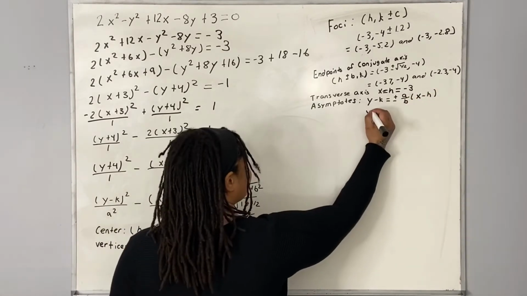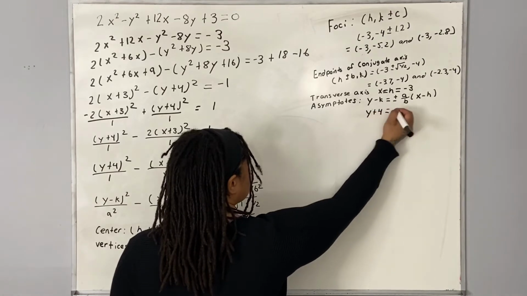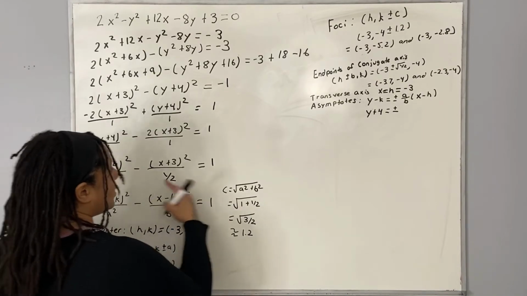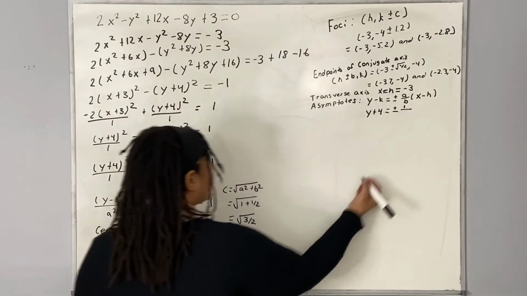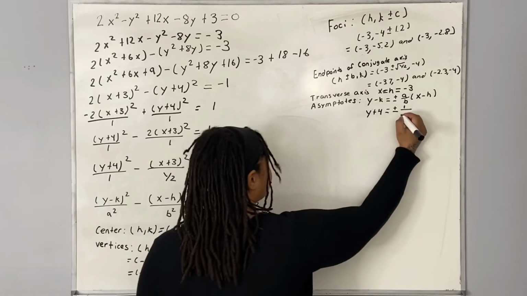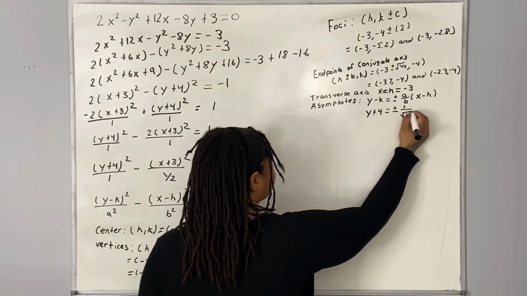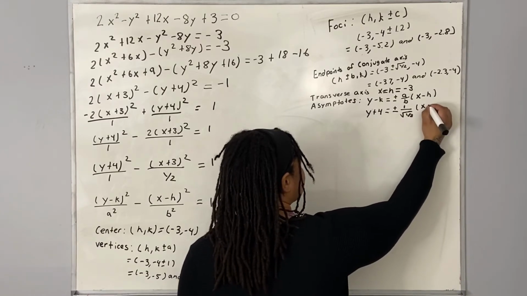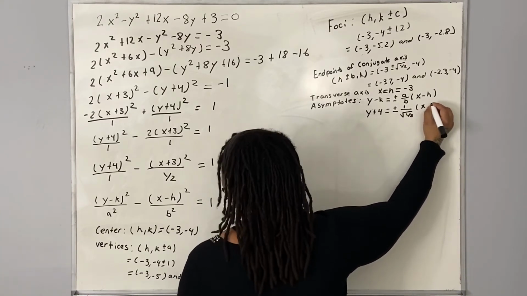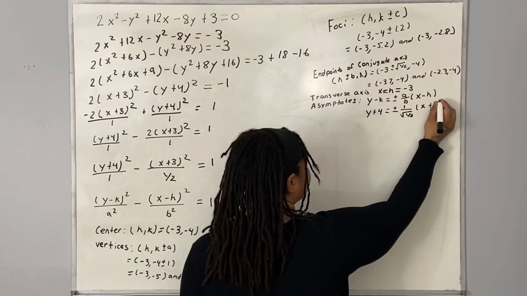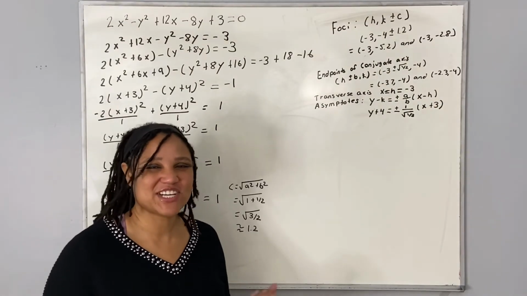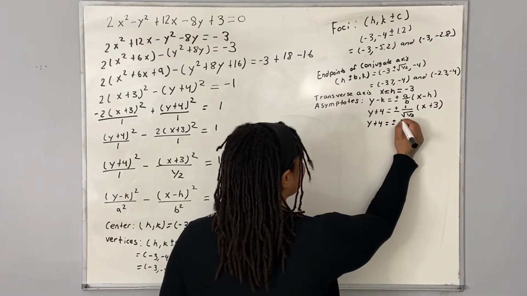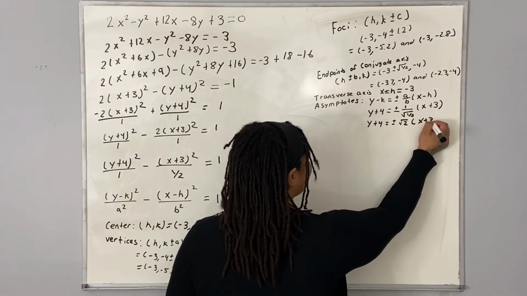So that's going to give us y plus 4 equals plus or minus our a, which is 1, over our b, which is the square root of 1 over 2, times x minus h. So x minus h will be x plus 3. We can simplify this a little bit more to y plus 4 equals plus or minus the square root of 2, times x plus 3.